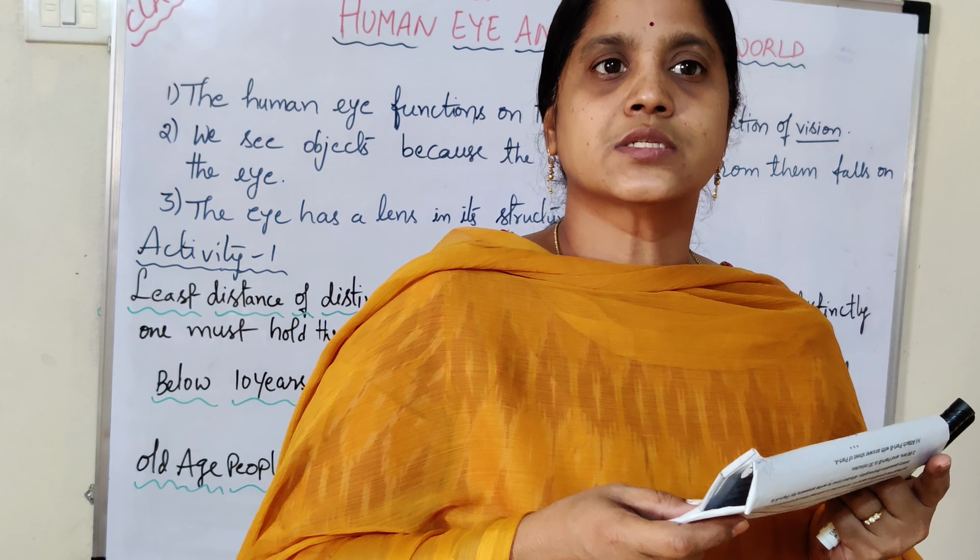To see an object comfortably and distinctly, one must hold the object at a distance of about 25 centimeters from the eyes. This distance is known as the least distance of distinct vision.